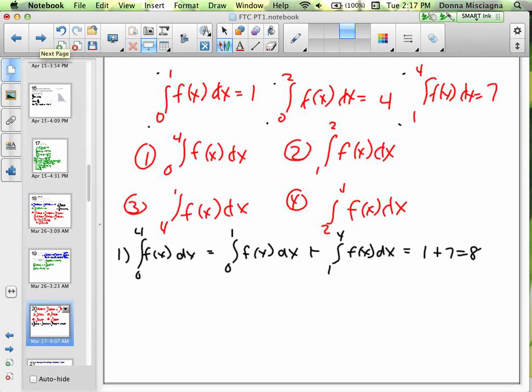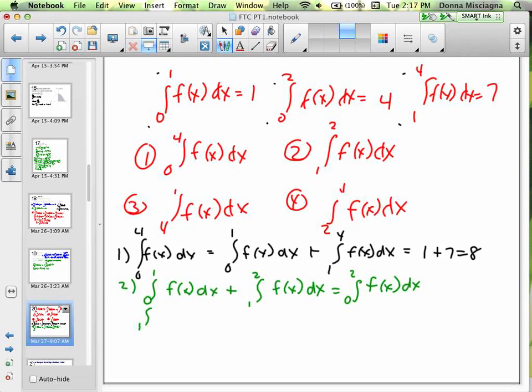Number 2. So we want from 1 to 2. We've got from 0 to 1, and we've got from 0 to 2. So together, the integral of 0 to 1 f of x dx plus 1 to 2 f of x dx equals 0 to 2 f of x dx. So if all we want is 1 to 2, then we're just going to subtract the 0 to 1 from both sides. I think it's easier for you to see if I do it this way too.